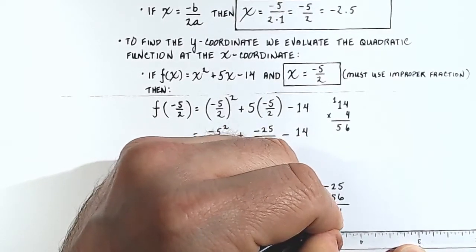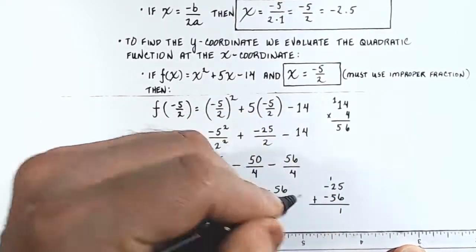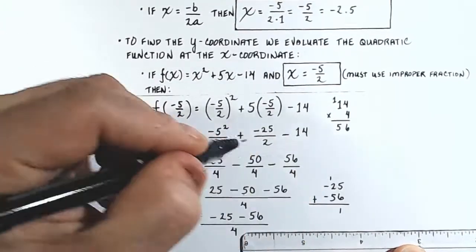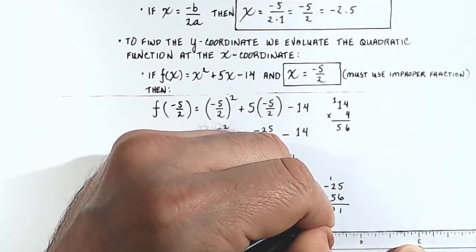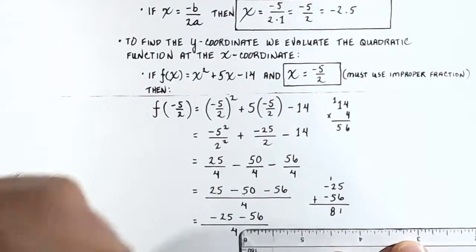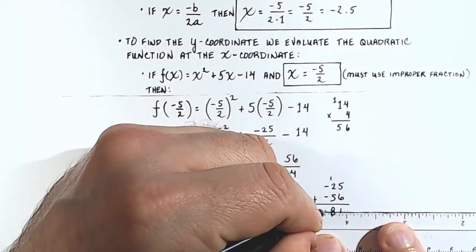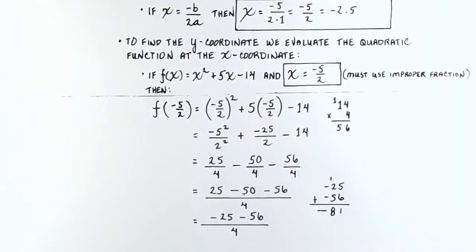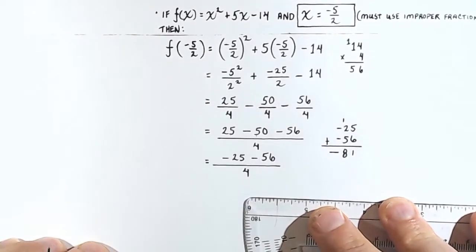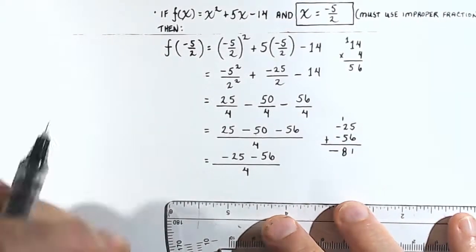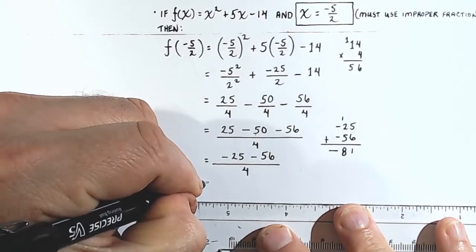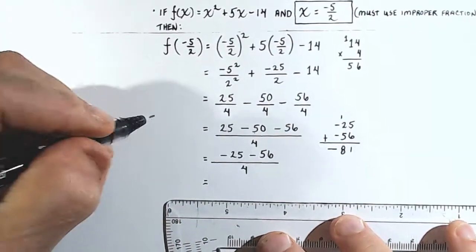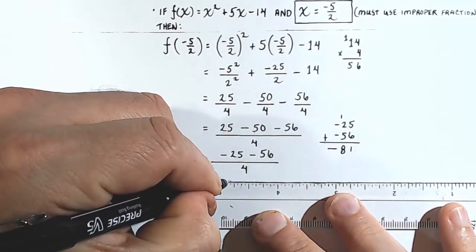So 5 plus 6 is 11, carry the 1. 2 plus 5 is 7, plus 1 is 8. So negative 25 minus 56 is negative 81. Okay, maybe you're able to do that in your head. I'm not good at doing that in my head, so always do it on side work. So finally here I'll write equals negative 81 over 4.